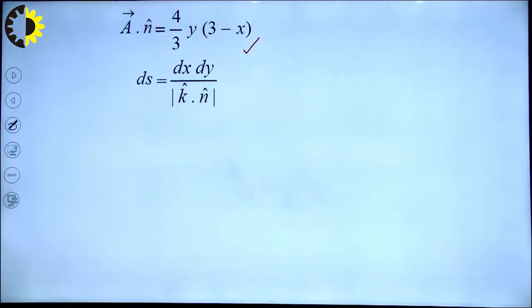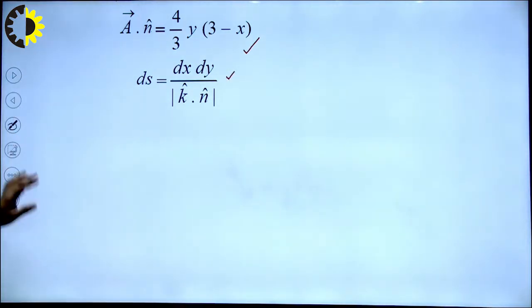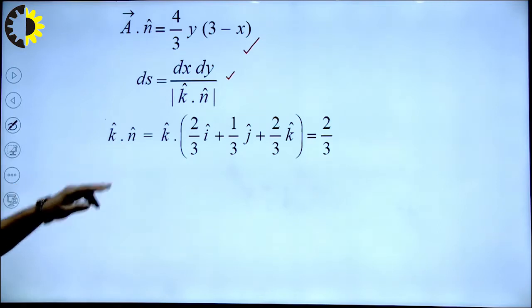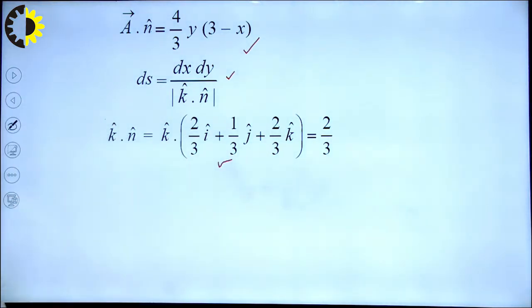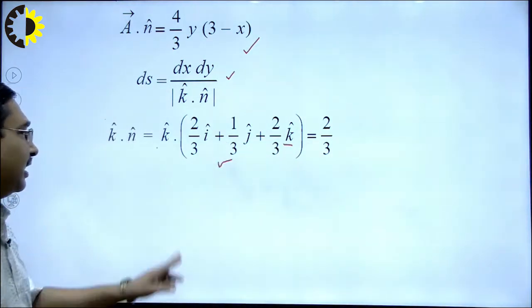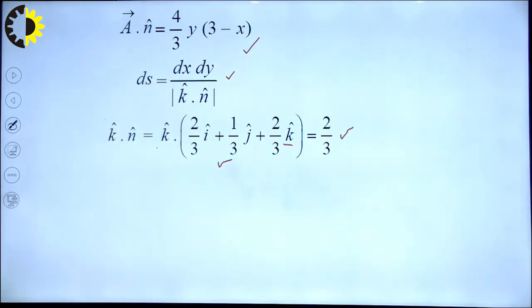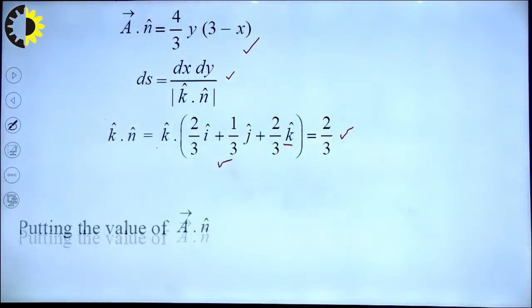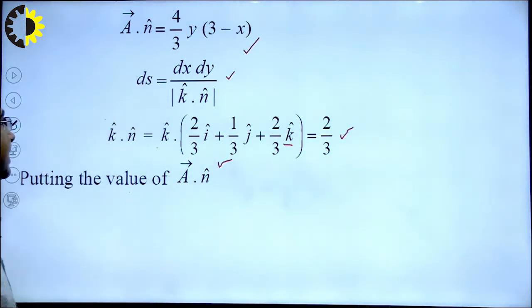Now, ds is dx dy upon mod k dot n. n was this vector which we have calculated earlier. Taking the dot product, only this term will remain and the remaining 2 will be 0. So, the value of k dot n is 2 upon 3.